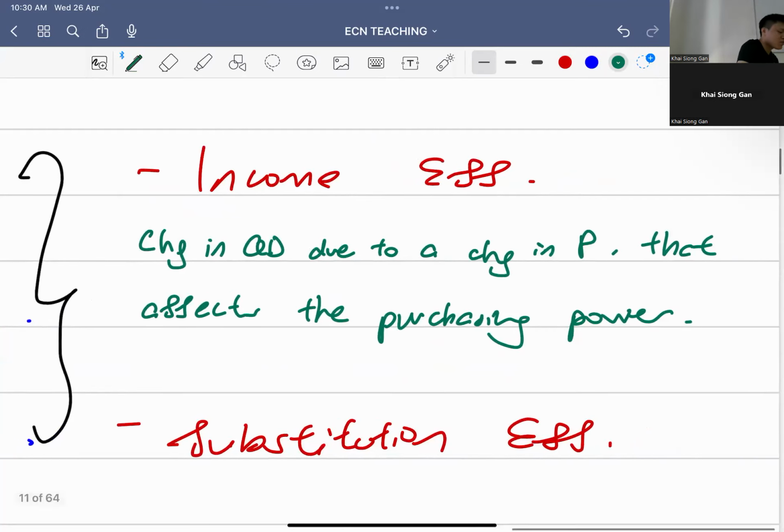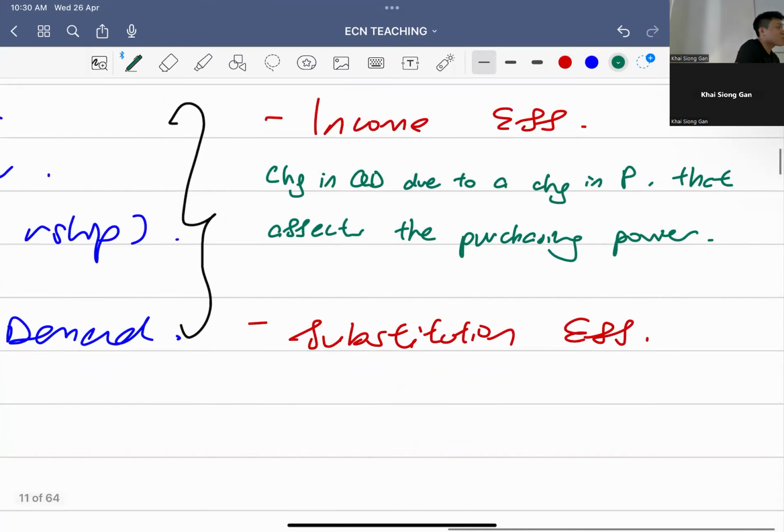That's the meaning or the definition of income effect. Very important. They might want to ask you about the law of demand explanations, so when you explain income effect and substitution effect, you must explain what they mean.